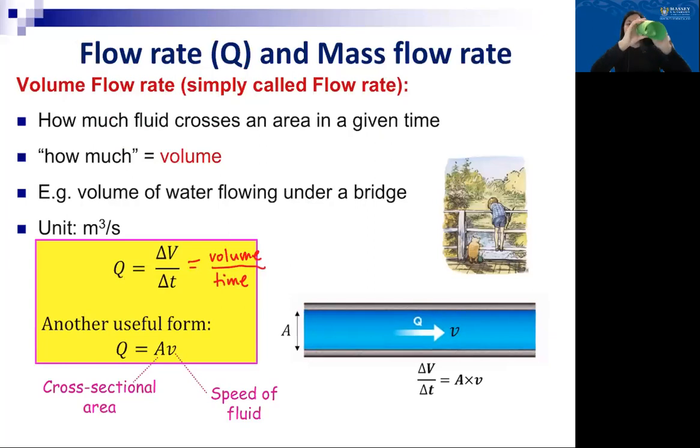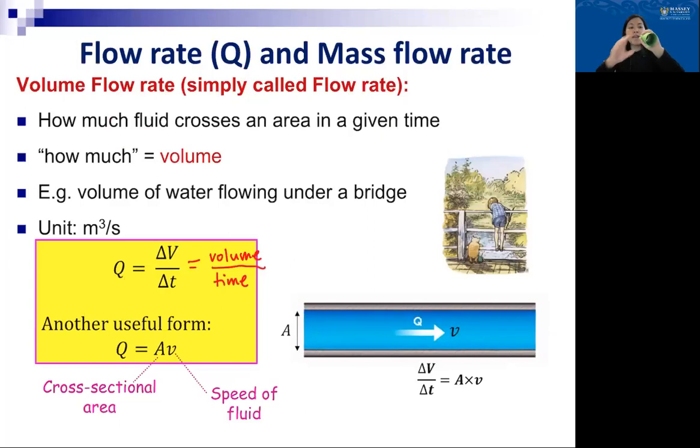So if you have a big pipe, like so, that the cross-sectional area of the pipe is big, then of course more fluid is able to flow through this big pipe as opposed to when you have a smaller pipe, so that the cross-sectional area of the pipe is small, like so, right? So the flow rate would also depend on the area, the cross-sectional area of the pipe.